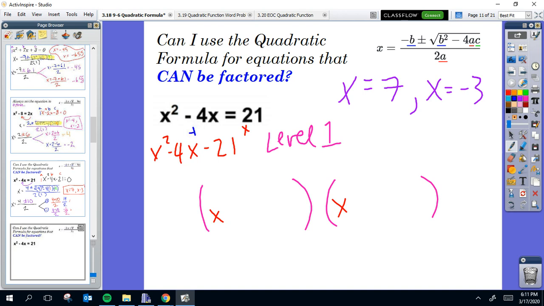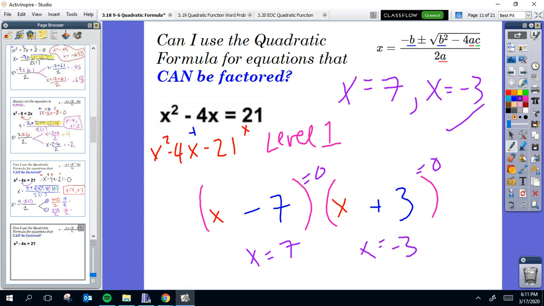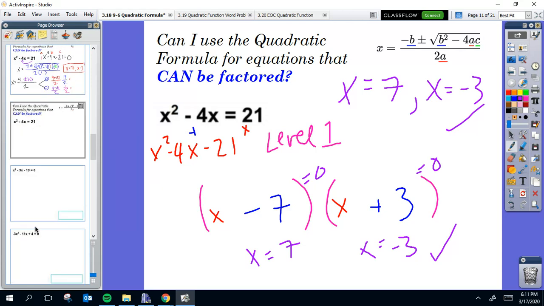And when I do that, I should get negative 7 and positive 3. And when I set each of them equal to 0, I'll have x equals 7 and x equals negative 3. So I just double checked that that is correct, and I did it in two different methods.